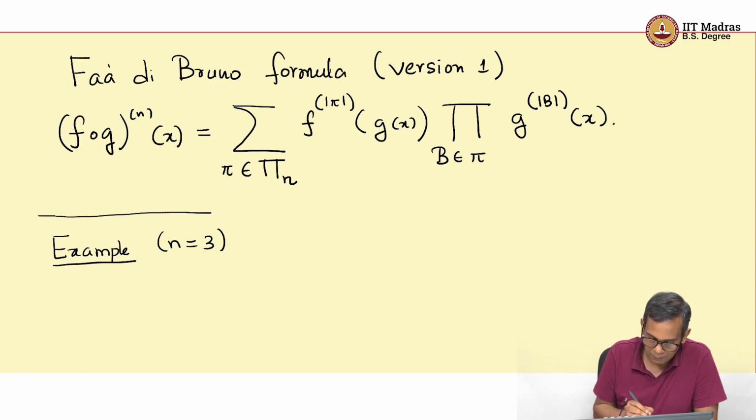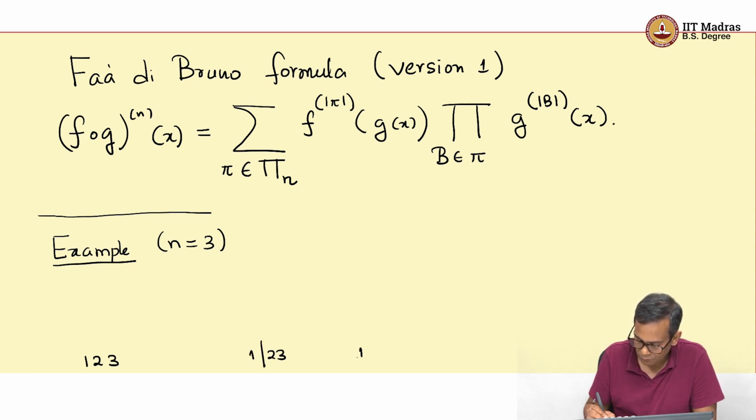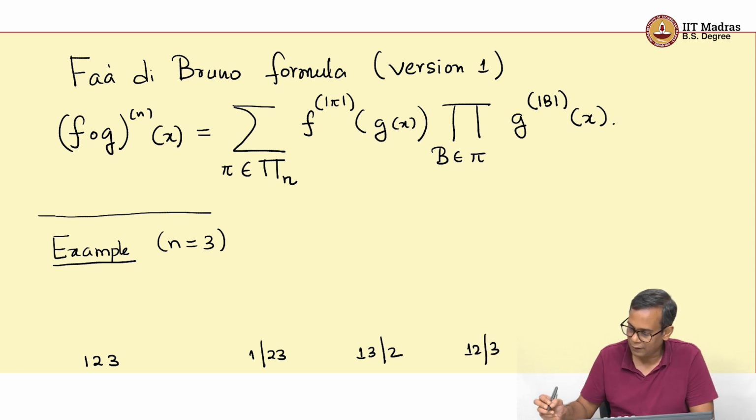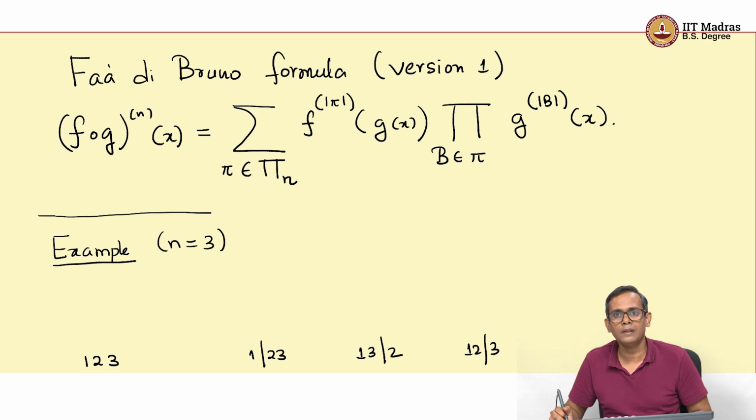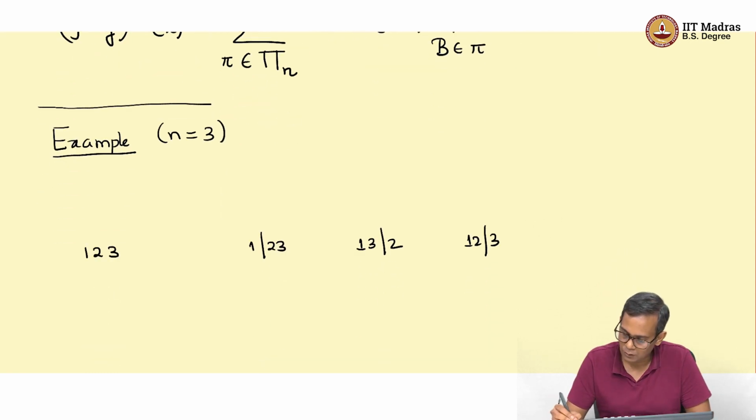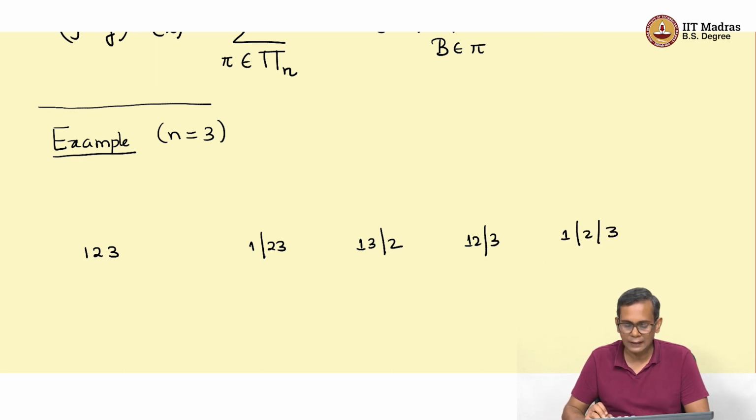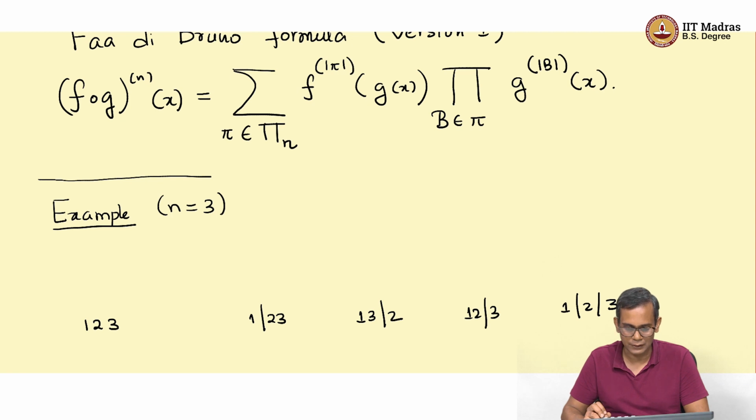So we have pi is 1, 2, 3, or we have 1, 2, 3, we have 1, 3, 2, and we have 1, 2, 3. And then finally we have the set partition where all the blocks are singleton, which is just 1, 2, 3. And let's write down the terms corresponding to each of these.